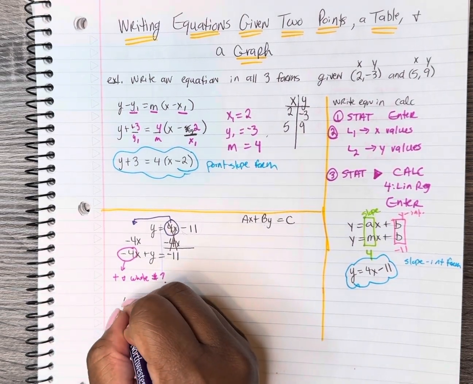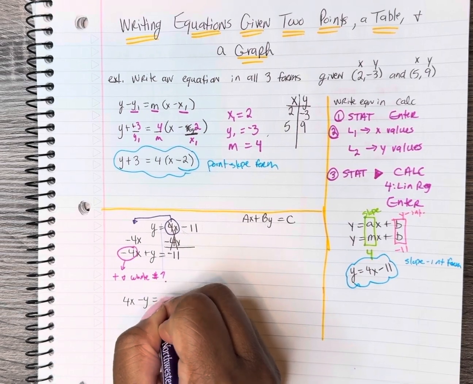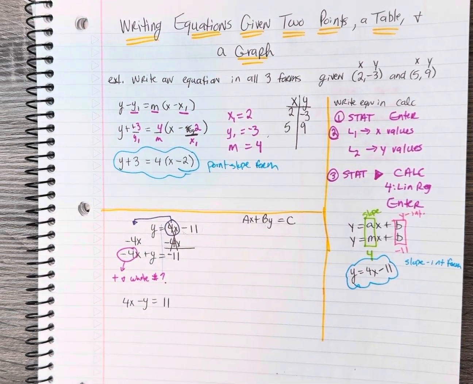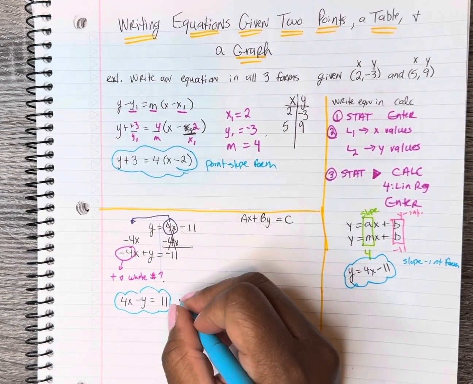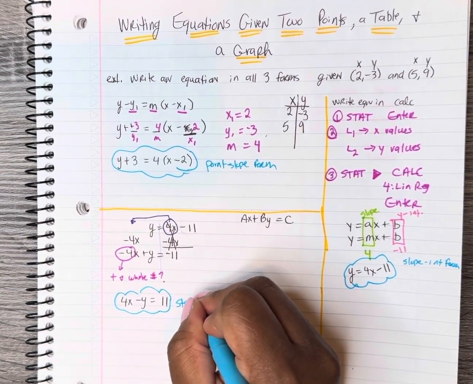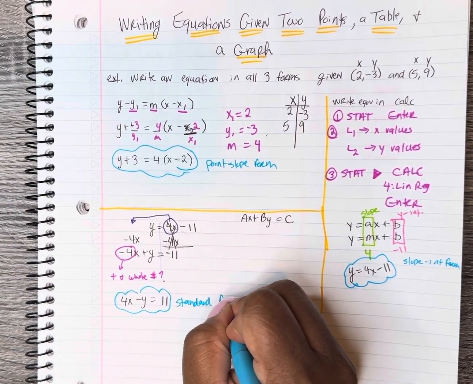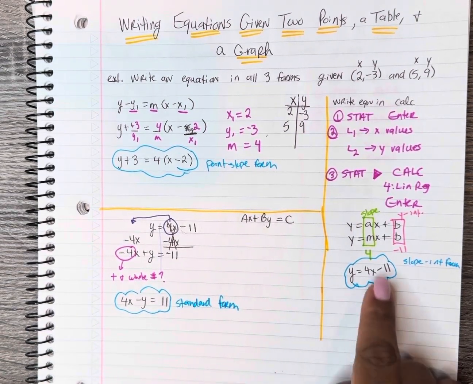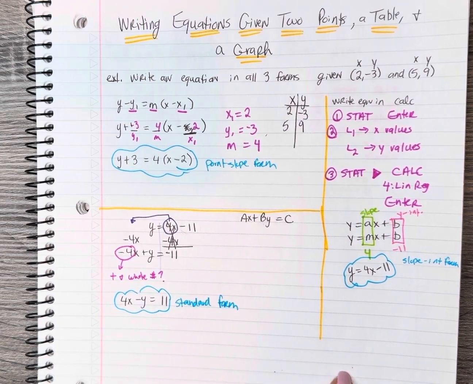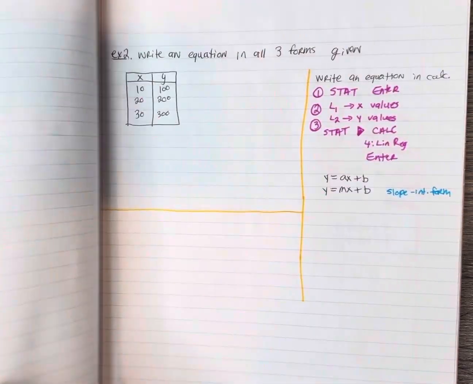So this becomes 4x minus y equals positive 11. And here we go. This is standard form. Okay, that's standard form. And now that we have these equations in all three forms, we're done with this one.